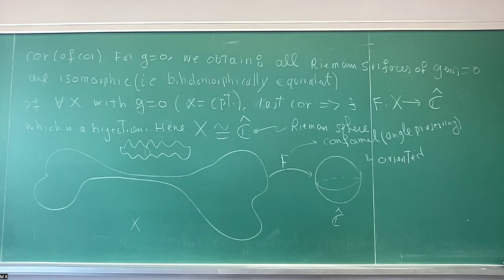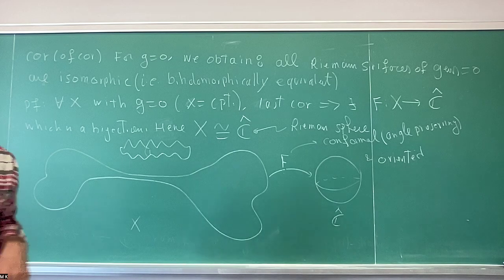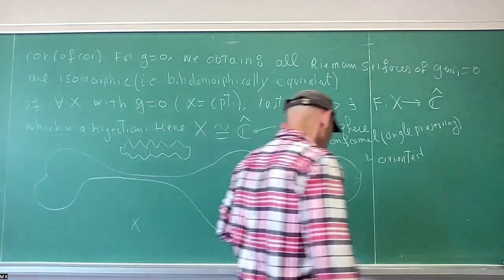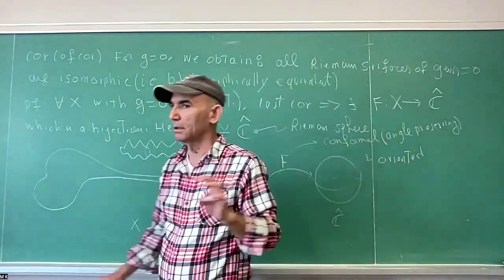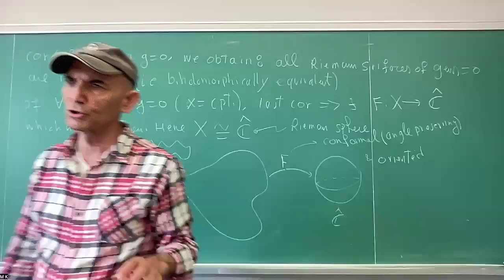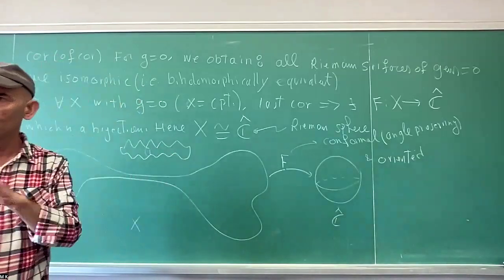Complex structures do not exist in odd dimensions, that's a necessarily even-dimensional phenomenon. Two dimensions is very special, and a lot of things happen only in two dimensions in terms of complex geometry.